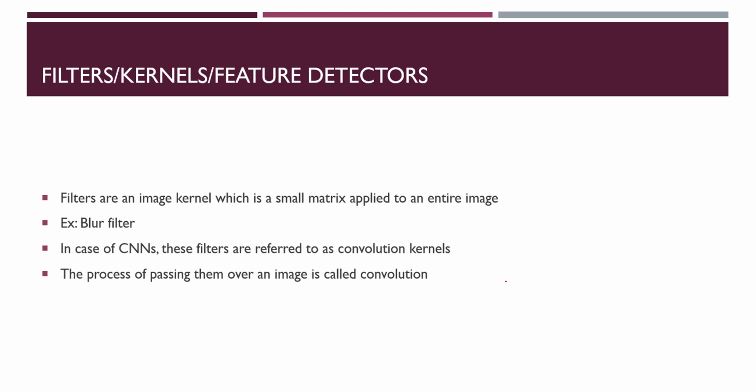Once we pass them over an image, it is known as convolution. The process of passing them over an image one by one, so we need to keep on shifting the kernel one by one to perform the convolution operation. That process of passing is known as convolution.